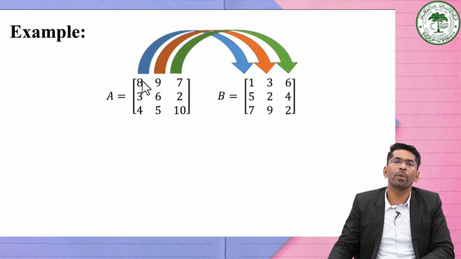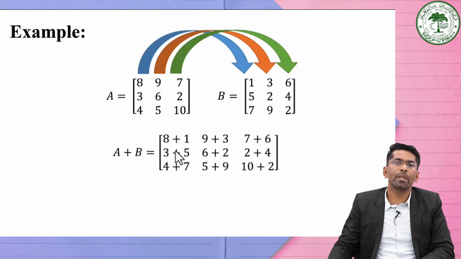We want to add each element to the corresponding element in the given matrix B. So 8 will be added with 1, 9 with 3, 7 with 6. Similarly, the second row of matrix A with the second row of matrix B: 3 plus 5, 6 plus 2, 2 plus 6, and accordingly the third row as well. So you can write A plus B is equal to 8 plus 1, 9 plus 3, 7 plus 6. Accordingly you can simplify it.